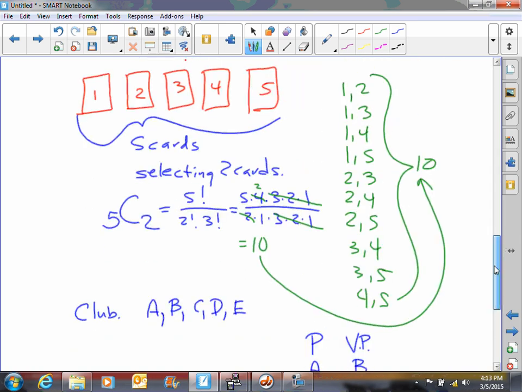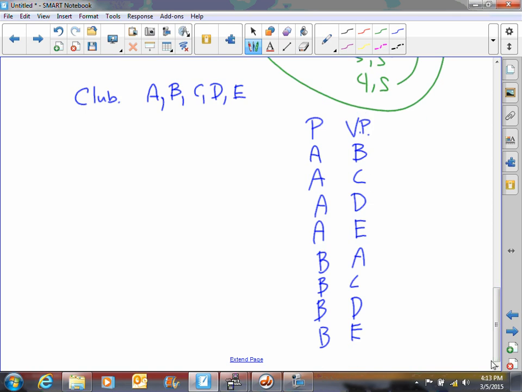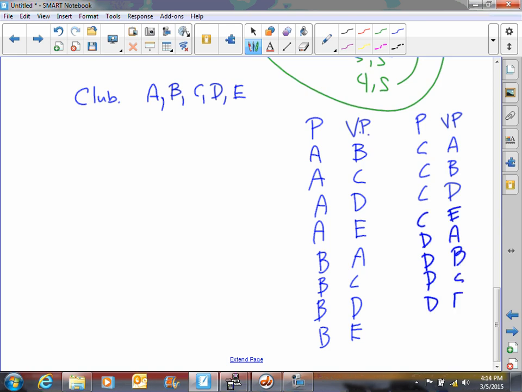Okay, I'm going to do another column here, president, vice president. We could have Charlie and Al, Charlie and Betty, Charlie and David, Charlie and Eugene. We could have David and Al, David and Betty, David and Charlie, David and Eugene.